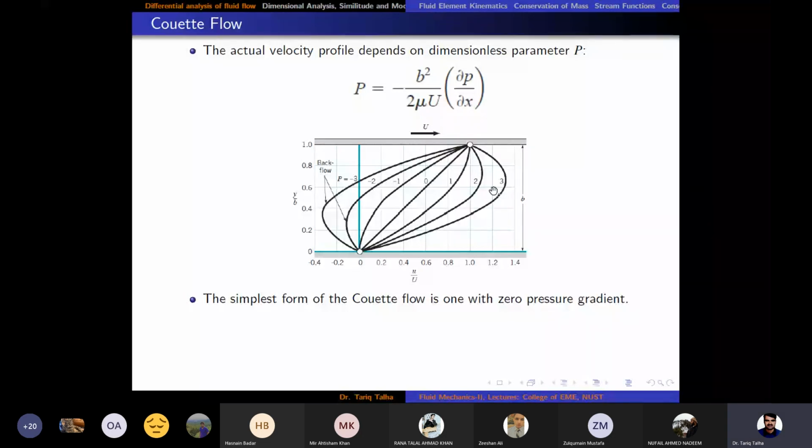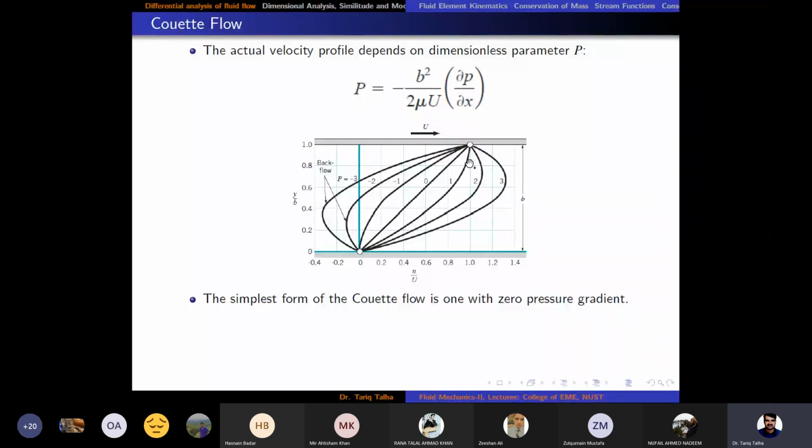Now, if the p value is positive, you can see that there is a pressure drop. In Poiseuille flow it was something like this.